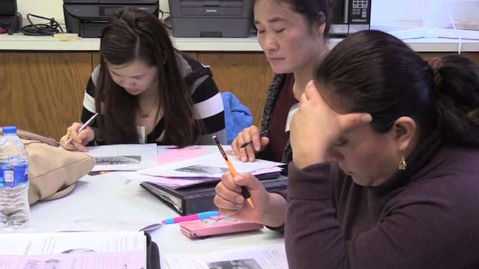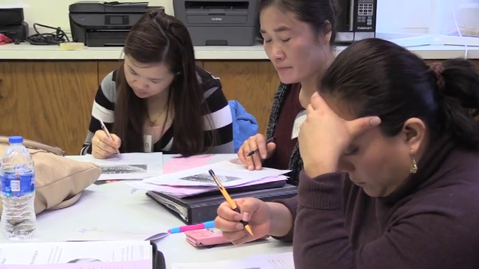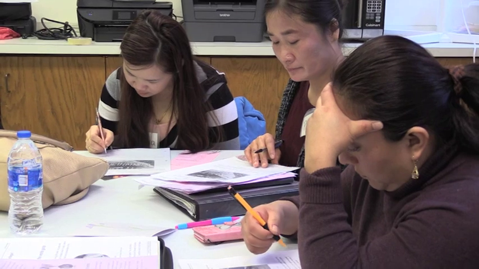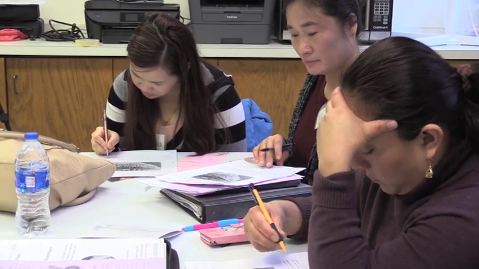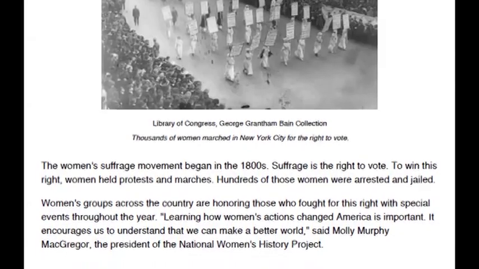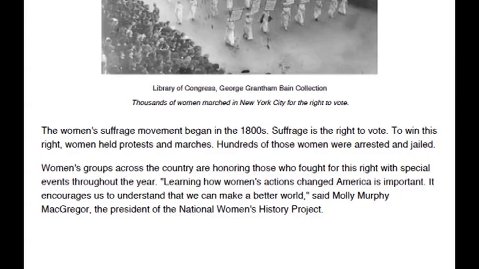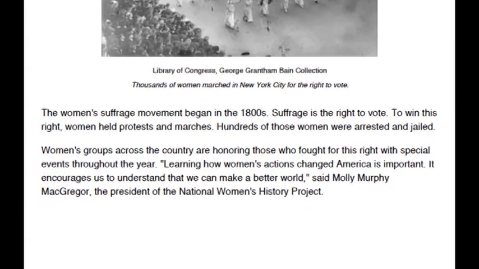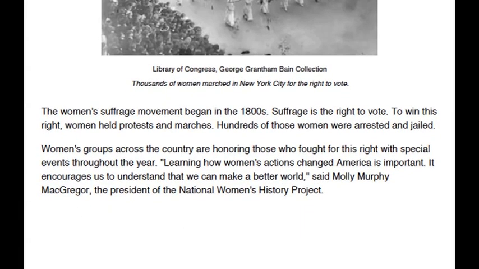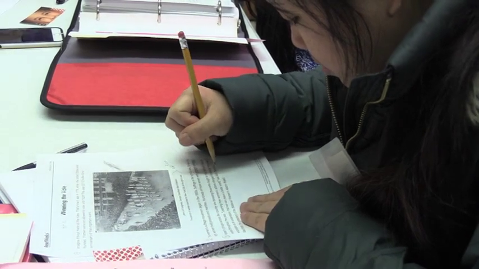To win this right, women held protests and marches. Hundreds of those women were arrested and jailed. Women's groups across the country are honoring those who fought for this right with special events throughout the year. Learning how women's actions changed America is important. It encourages us to understand that we can make a better world, said Molly Murphy McGregor, the president of the National Women's History Project.